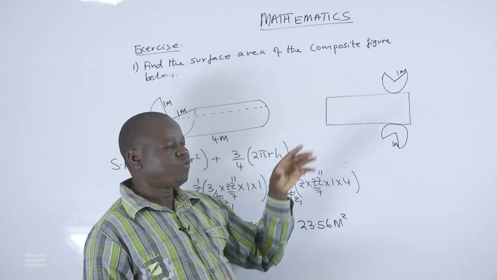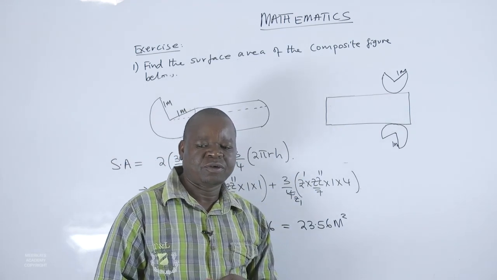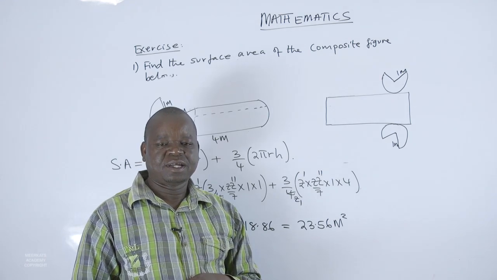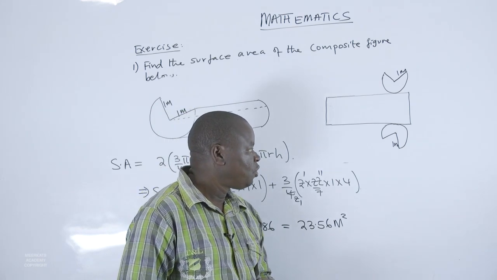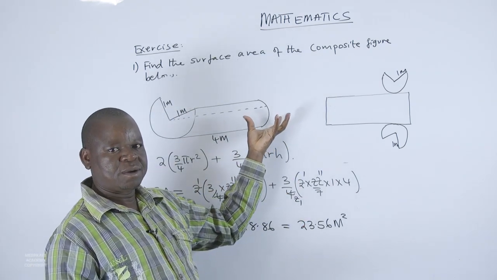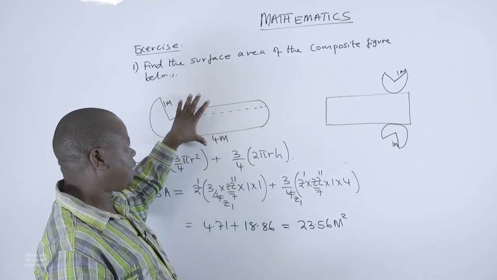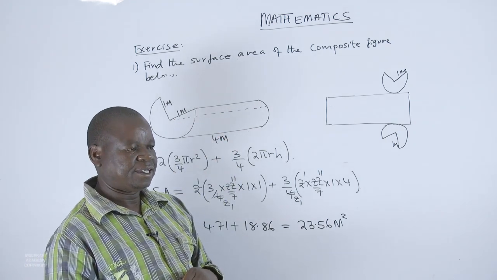And with the formula we've learned in the calculation of area of quadrants, semicircles, and 3/4 of circles, we are able to calculate the base and top areas of the cylinder and then the curved surface of that cylinder.